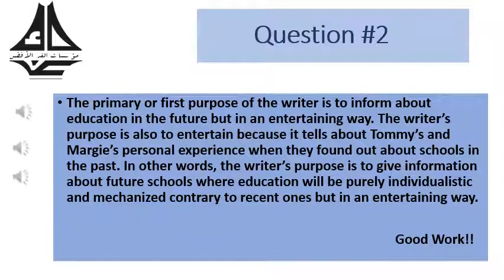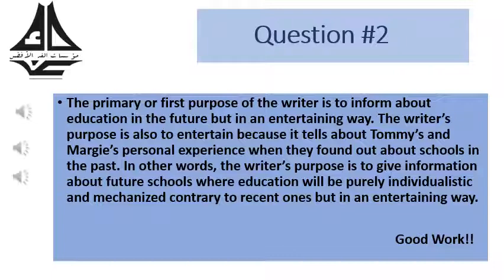Question number 2 says, what's the writer's purpose behind writing this selection? And then explain. First of all, what do they want me to do? They want the writer's purpose. And we know that the writer's purpose could be to inform, to entertain, and to persuade. After reading the selection, what's your answer?